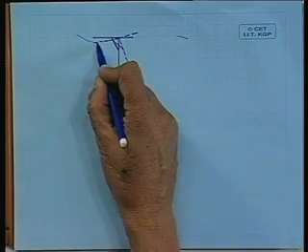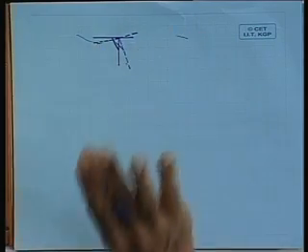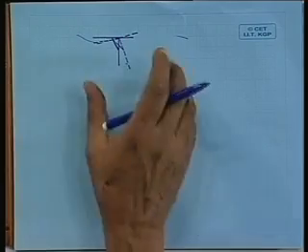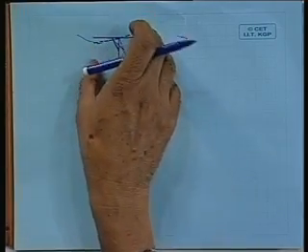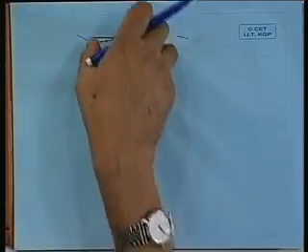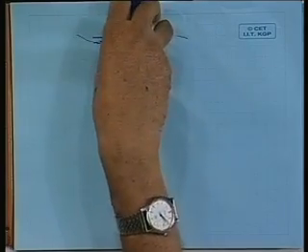As far as this connection is concerned, the connection is rigid at that particular point, but as far as the structure is concerned, the structure has a freedom to rotate in a limited manner.